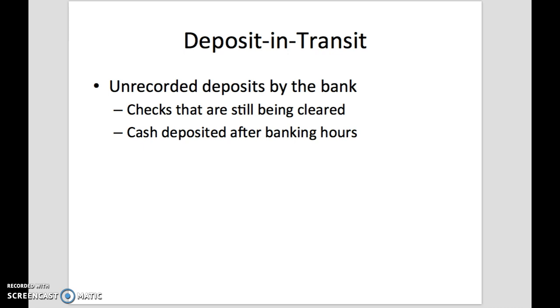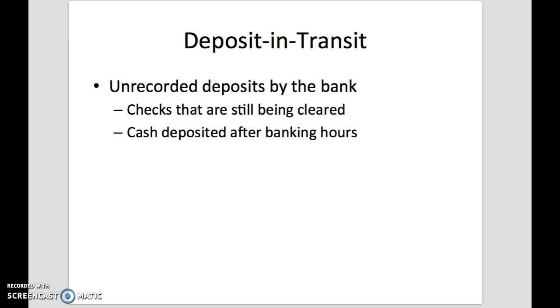Some of them don't record in real time, and it would take a few hours until they take note of the deposit. So if you deposited at 9 p.m., then maybe they'll see it at 8 a.m. in the morning.